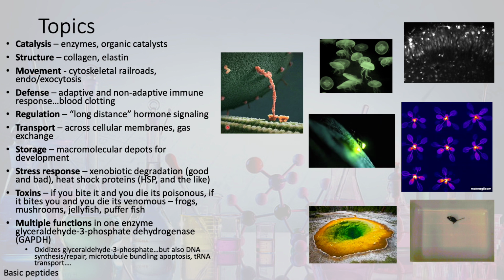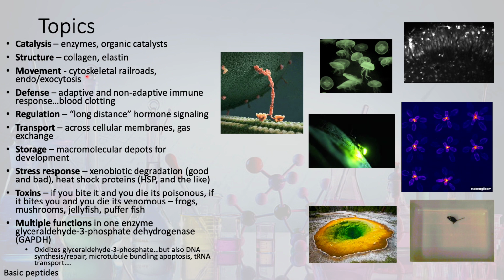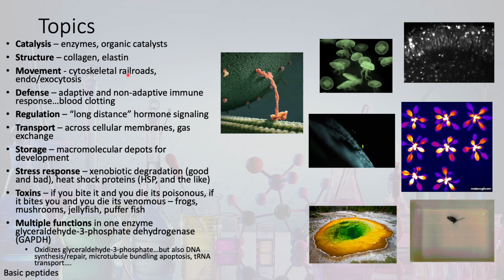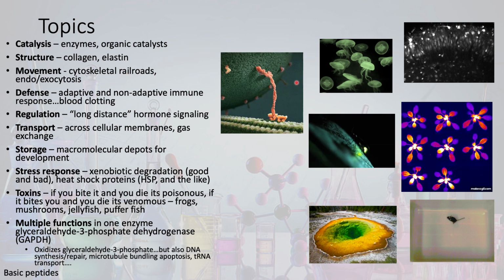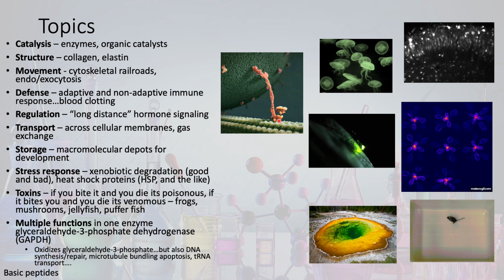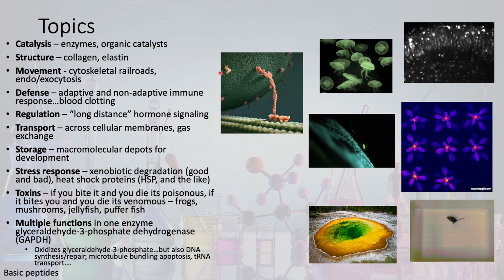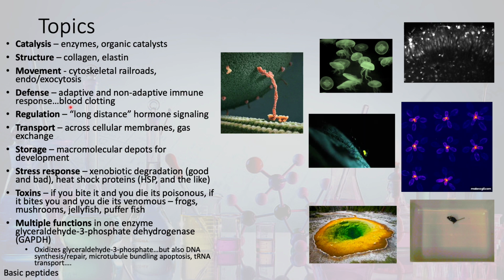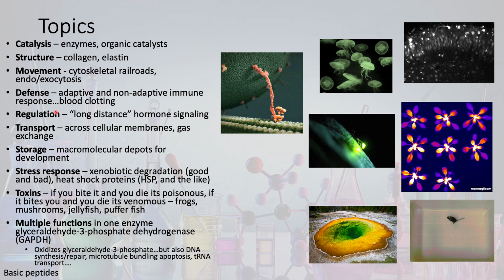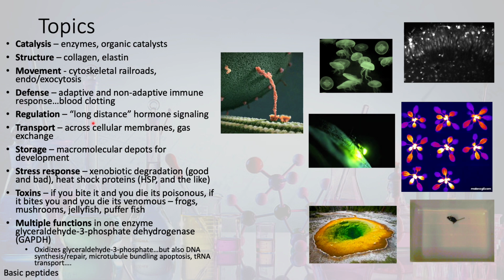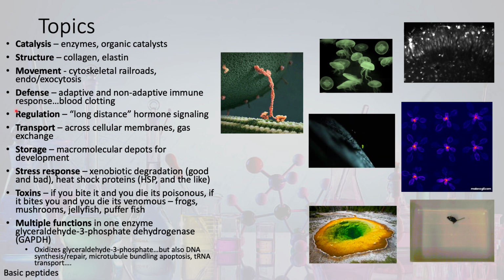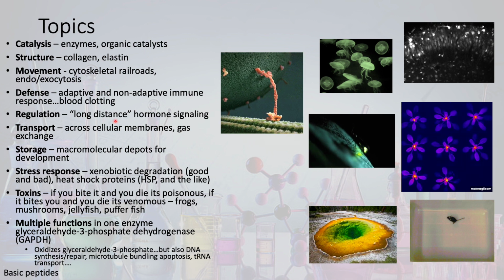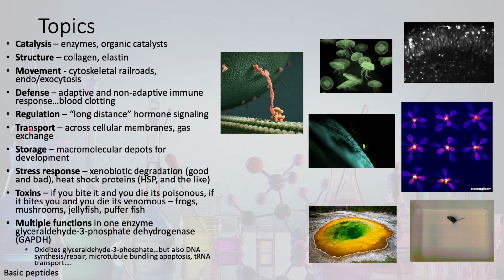And then, on a much smaller level, I like to refer to our tiny little cytoskeleton railroads, dynein and kinesin, right? These are called motor proteins, and they literally walk down the cytoskeleton found within cells to help transport things. Some proteins are involved in defense, right? Adaptive and non-adaptive immune response. Others are involved in blood clotting. Some proteins are involved in long distance regulation, and one example of that is long distance communication by hormone signaling. Cellular transport, so cellular or system transport in this case, right?